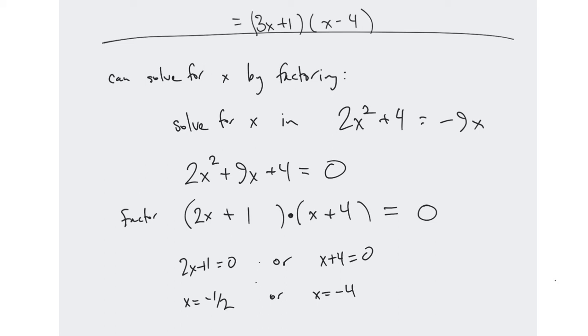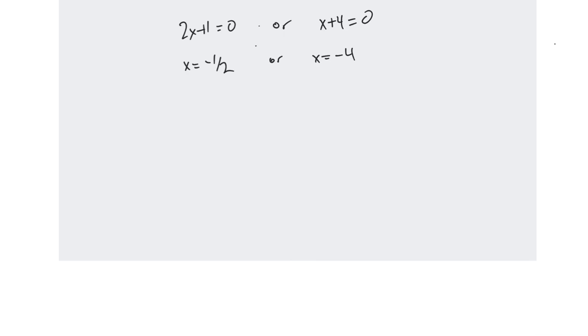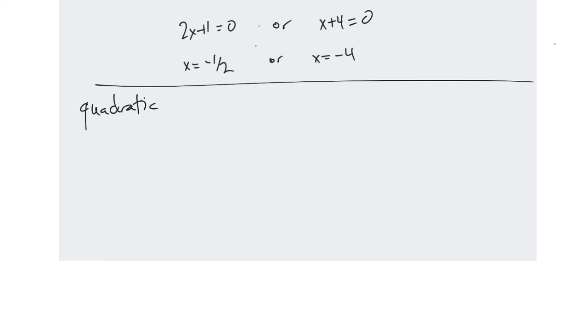All right? Great. One other way to solve a quadratic is the quadratic formula. We're going to use it maybe every so often, probably not very often, but you will from time to time want to use it. So I will just refresh your memory. This is another way to solve a quadratic equation without doing any factoring at all.